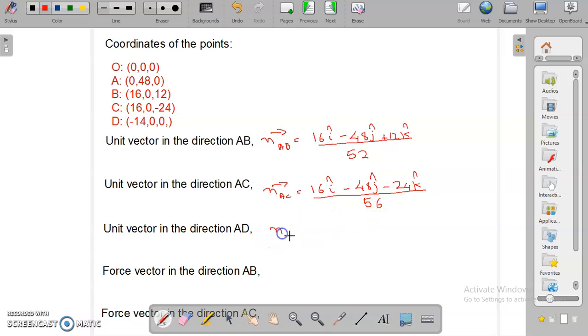And also n_AD is minus 14i minus 48j plus 0k divided by 50.